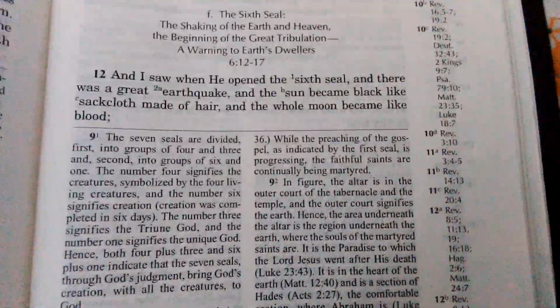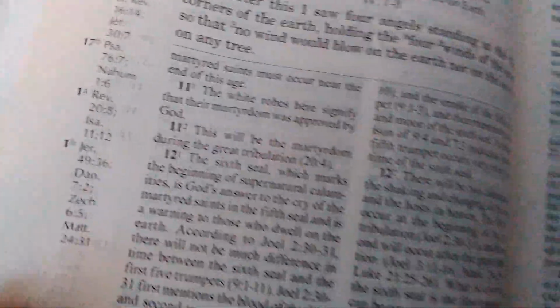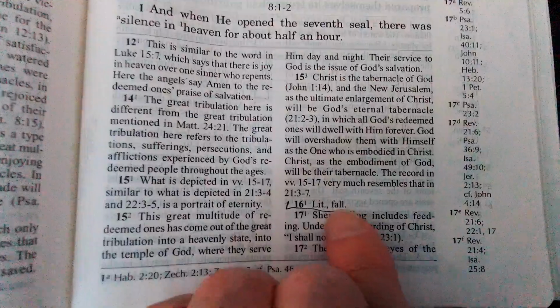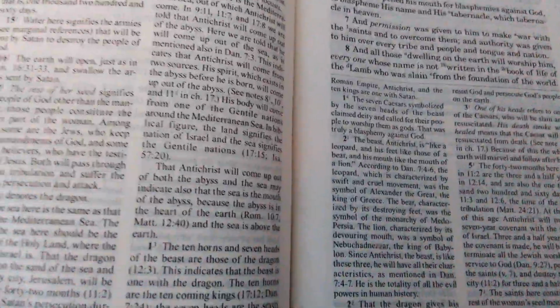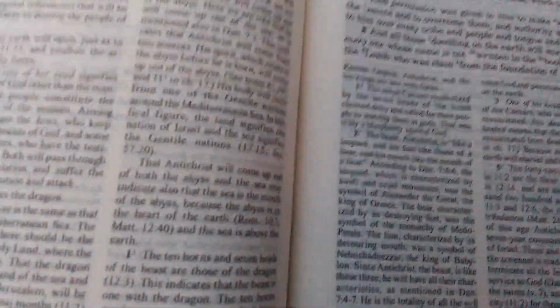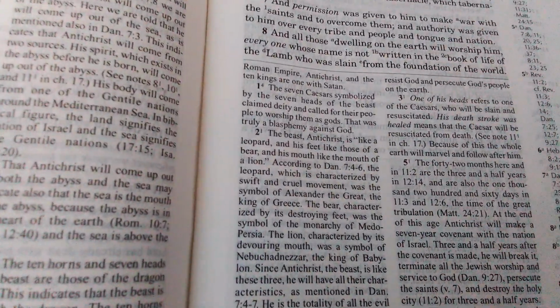So this Bible reminds me of the Finis Dake Bible in many ways, and so therefore I took the time to go through and do all these outlines on the bottom. I recommend this highly, especially because the notes give you a very good idea of Witness Lee's own understanding of the text and what it means.